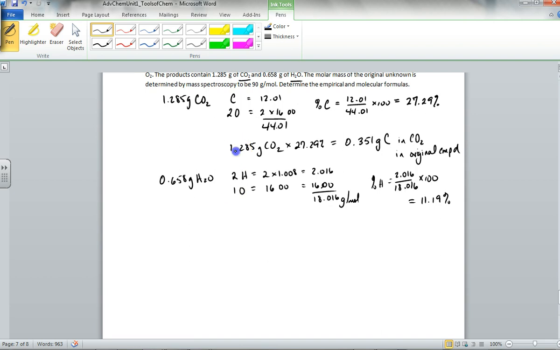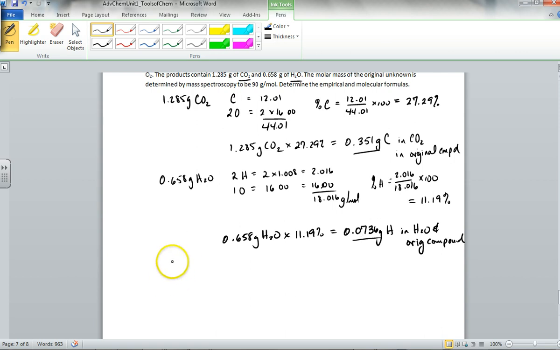And so if we go back to the fact that we had 0.658 grams of water produced, and we know that 11.19% of it is hydrogen, that means the hydrogen in the water is 0.0736 grams, which is in the water and the original compound. Well, our original compound has carbon, hydrogen, and oxygen.